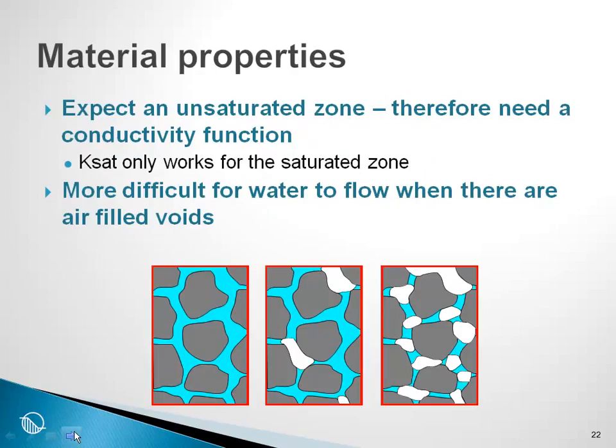To get the idea of why we need a function, we can look at this graphic. When we expect an unsaturated zone, we need to have a conductivity function. Ksat only works for saturated zone. So when all the pores or voids are full of water, we are saturated.